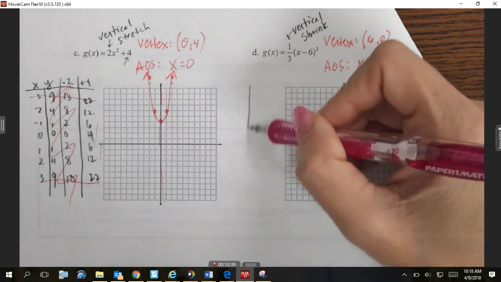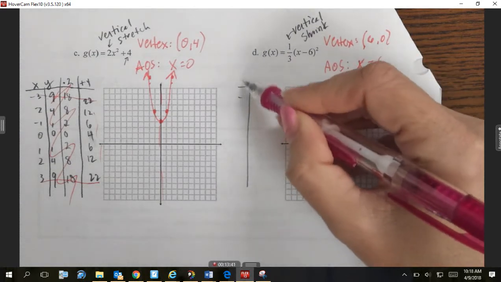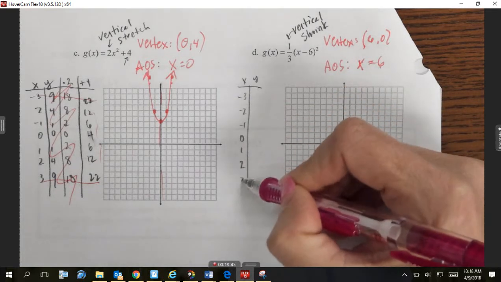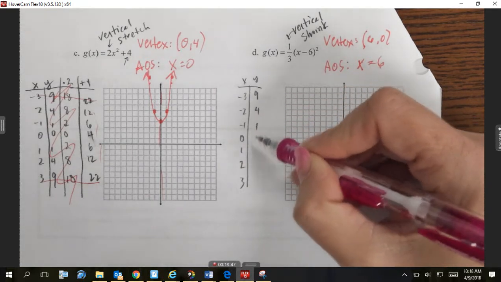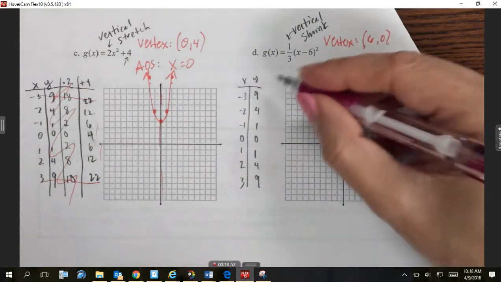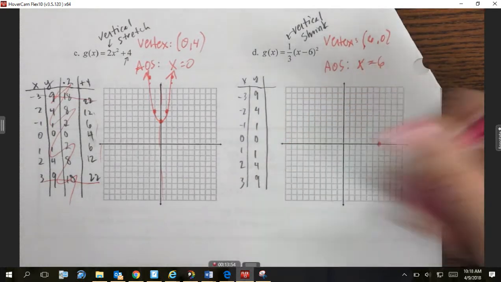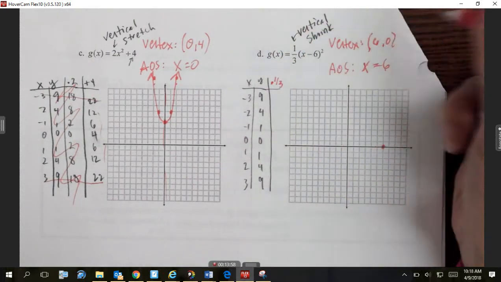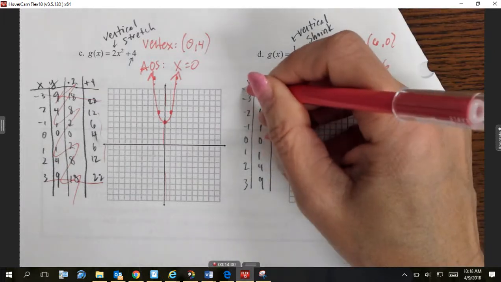I'll use my table. I'll multiply all my y values by 1/3, and then my x values, I will be adding 6.